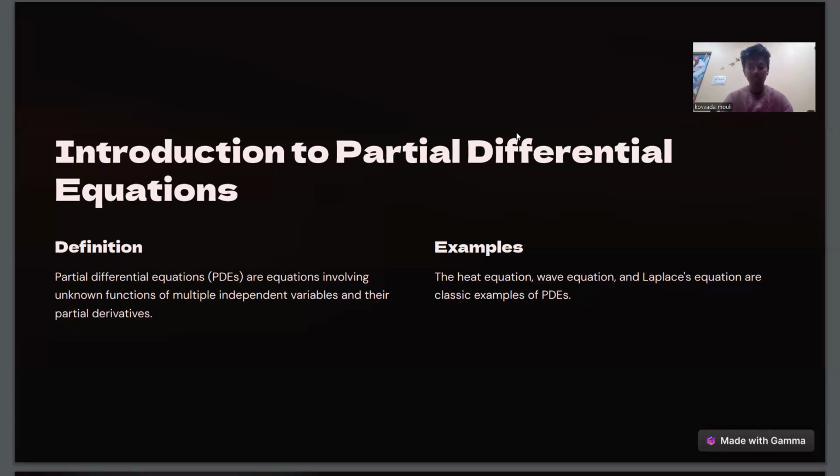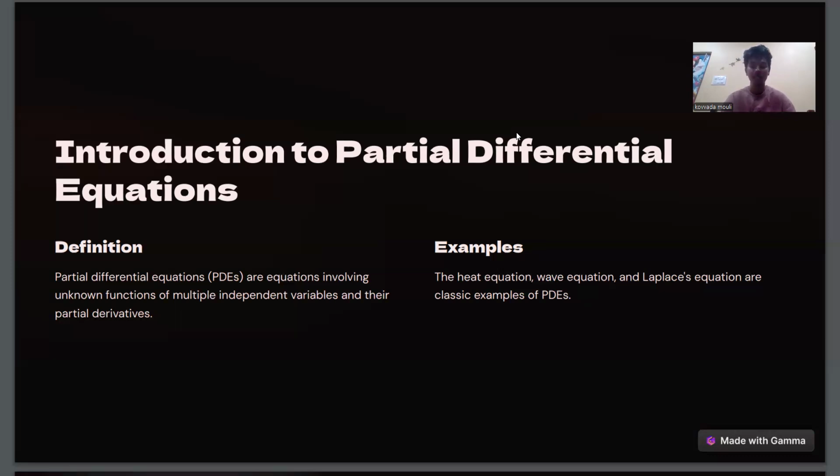Electromagnetic waves: solutions to Maxwell's equations with homogeneous boundary constraints. Quantum mechanics: solving the Schrödinger equation under potential constraints. In the next point, fluid dynamics: governing equations of incompressible flow often involve homogeneous boundary conditions.